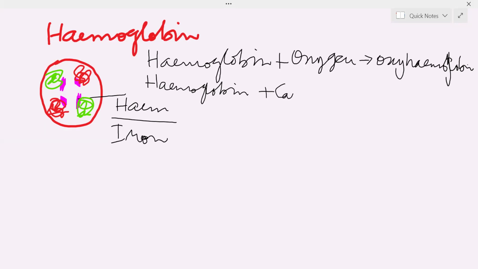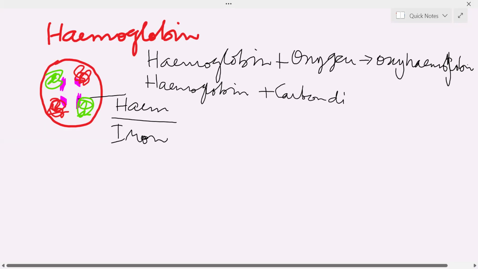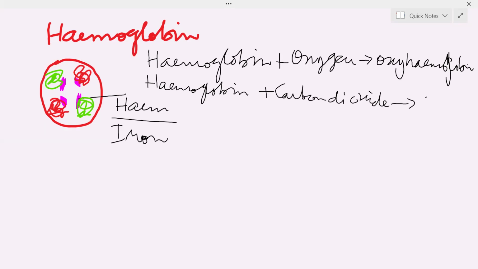When it binds with carbon dioxide, it makes carbaminohemoglobin. Why carbamino? Because it is going to bind with the amino group.